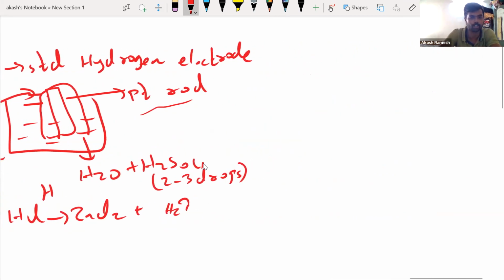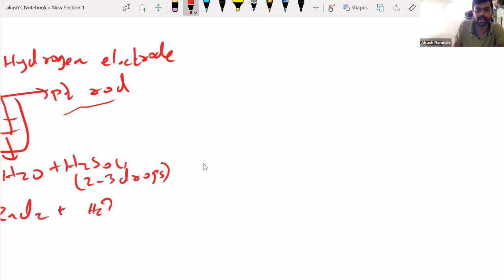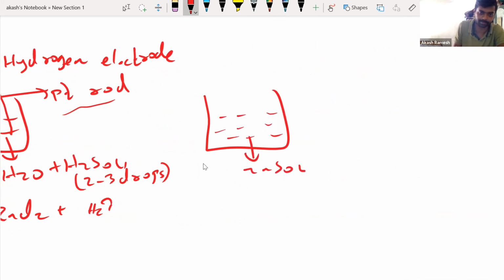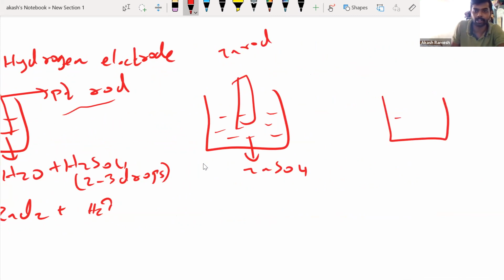Now we'll see how we are going to do it. Let me draw the circuit again. This is your zinc sulfate, and to this I have the zinc rod, and this side I have your standard hydrogen electrode.